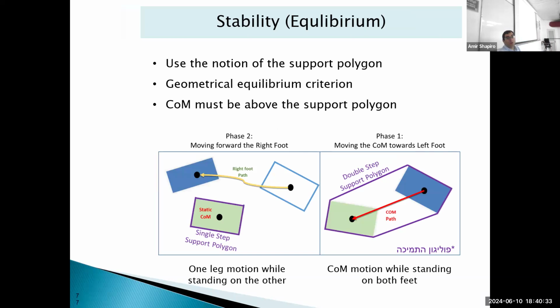So we have a support polygon, but in order to move, we need to lift one leg, and therefore the robot needs to move its center of mass above the leg that is on the ground.